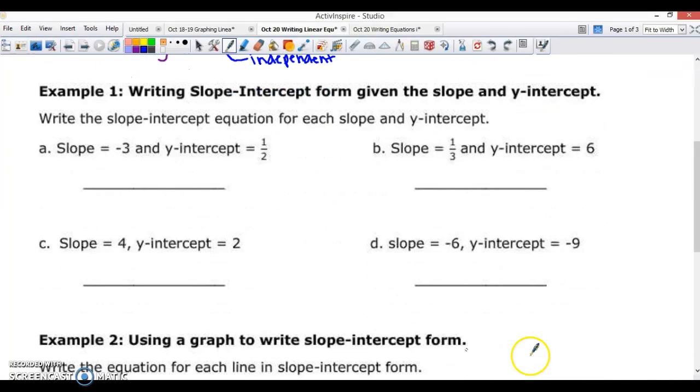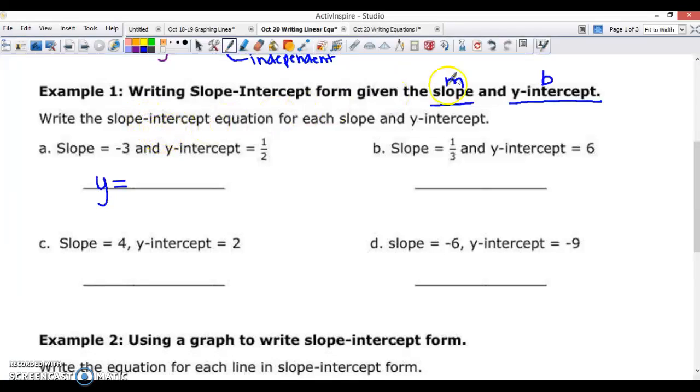The first set of examples, we are writing slope-intercept form when we're given the slope and the y-intercept. Again, slope is m. Y-intercept is b. All right, and we always want to start off each equation with y equals. Remember, slope is the number in front of x. It is not x.